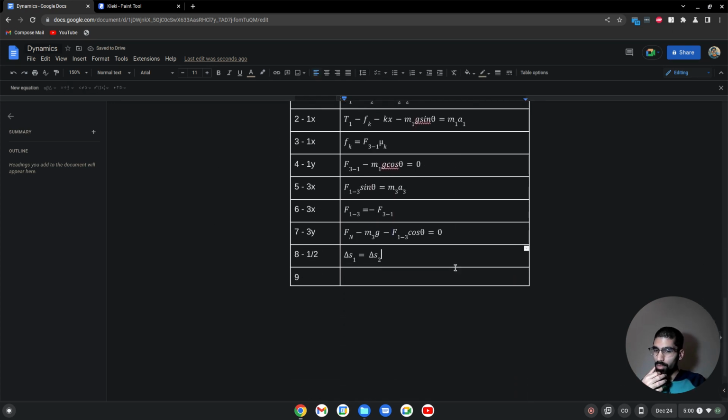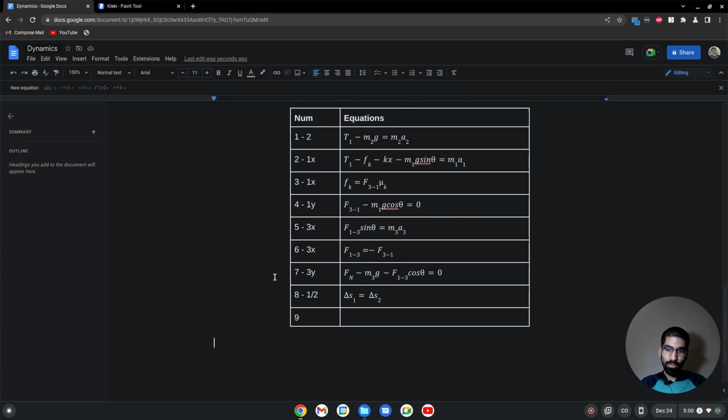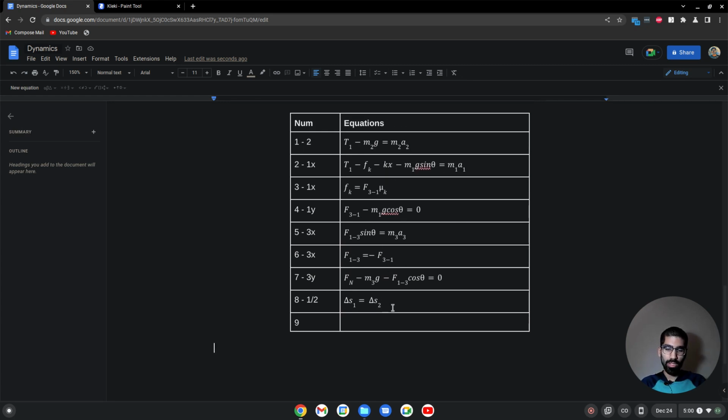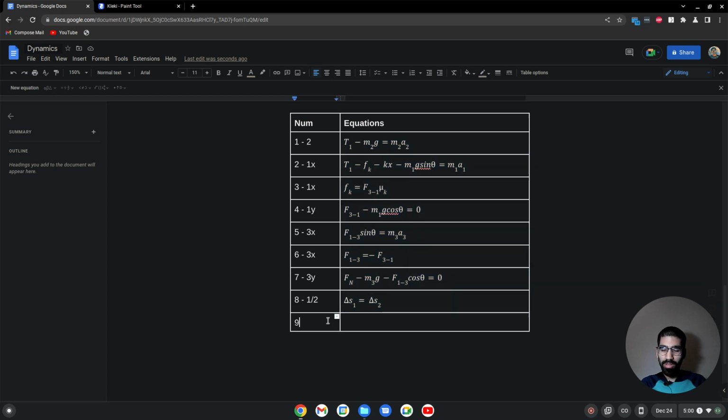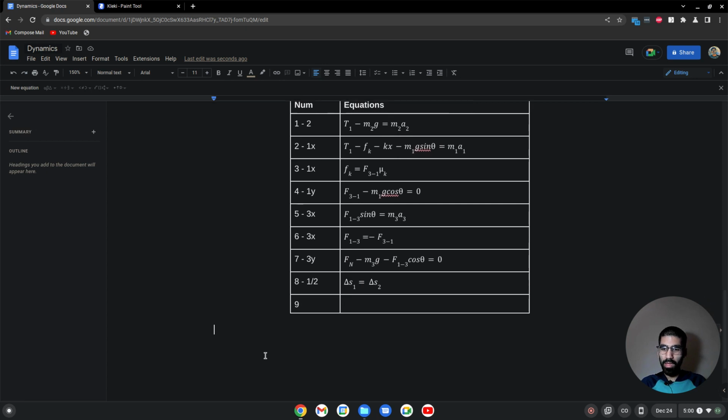I think we have the equations we need for now. If not, we can go back, and as ever, you can count the unknowns, count the variables to figure out if you need to generate more equations. But I'm going to start solving for now. The first thing that I want to do here is turn this equation into an equation that relates the accelerations of both objects.